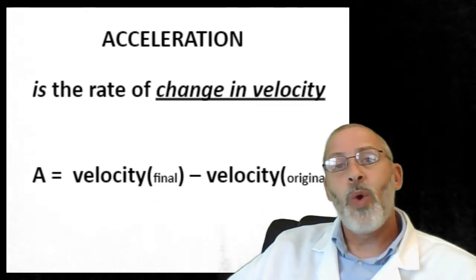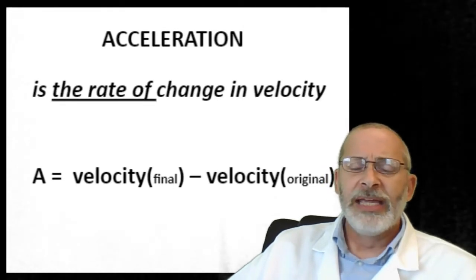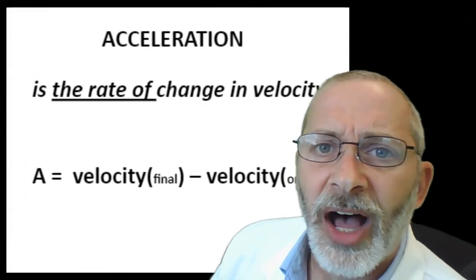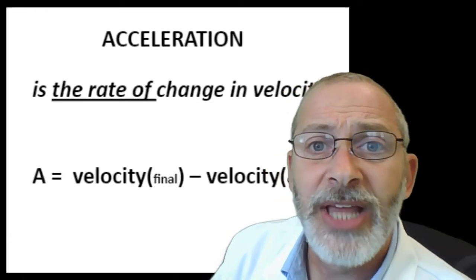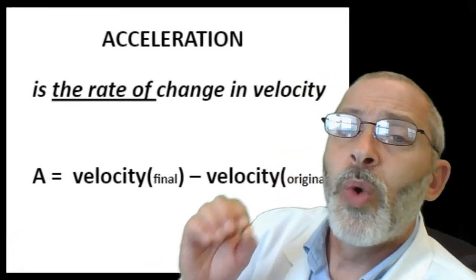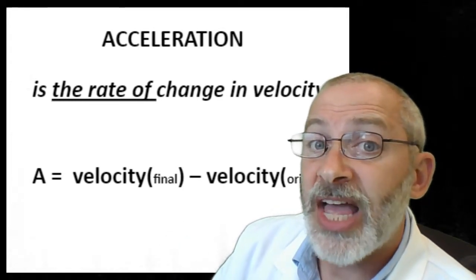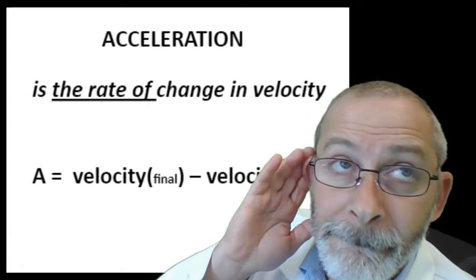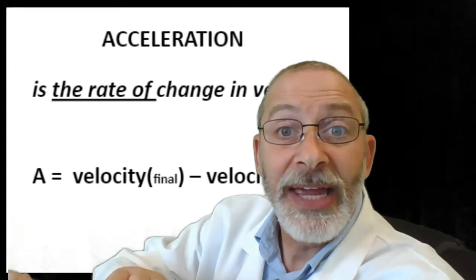But there is one more word we have to account for here in this definition, and that is the rate of. Call it out if you remember from yesterday what we said the rate of something means in a science equation. Think about the pulse rate.